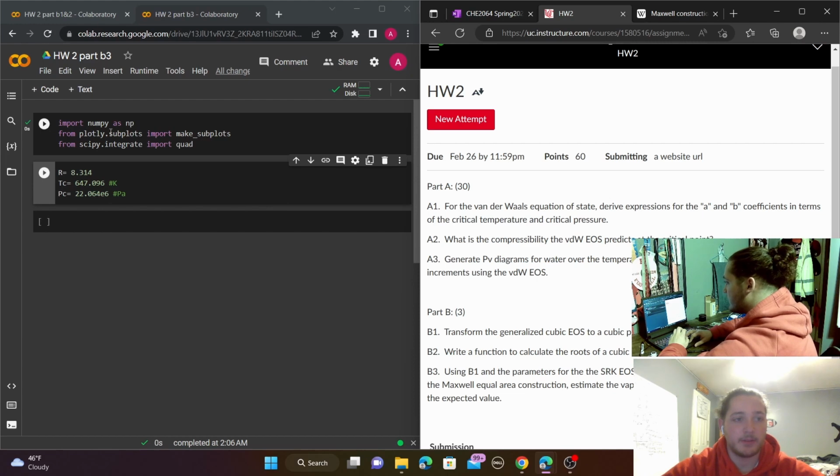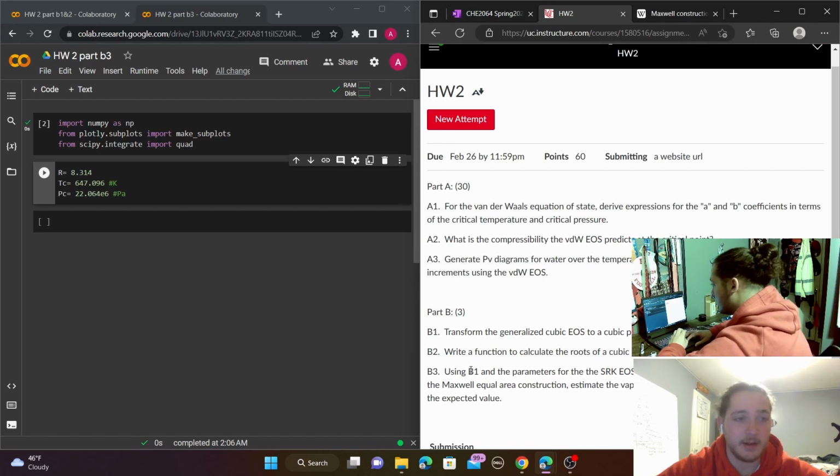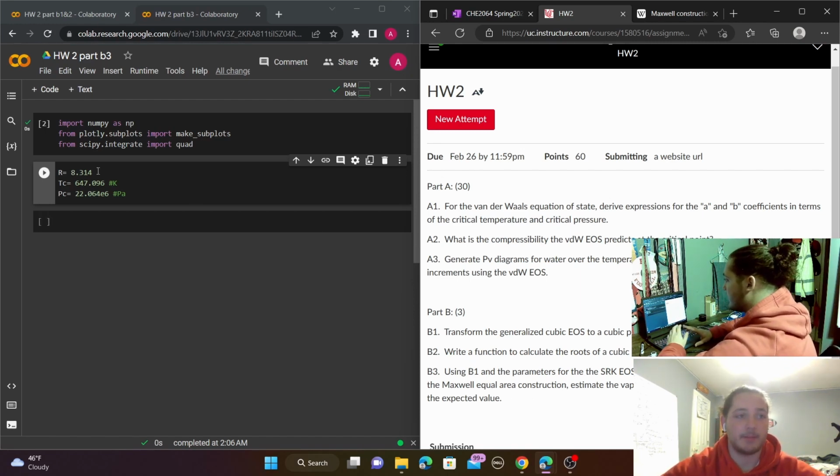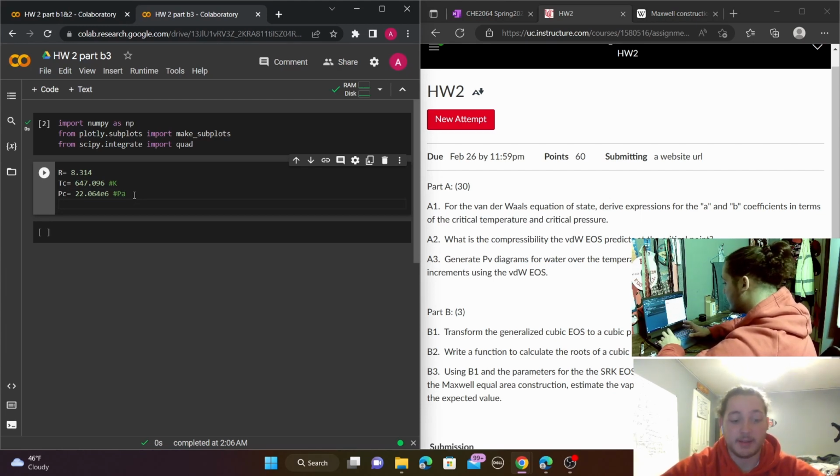Okay, so to start, I already pulled some stuff from the previous code from the previous parts, and I've added from scipy.integrate import quad, and that is imported so that we are able to find the limits of integration of the Maxwell area construction. So some things we need to add into here is our eccentric factor, and that is equal to 0.348 of water.